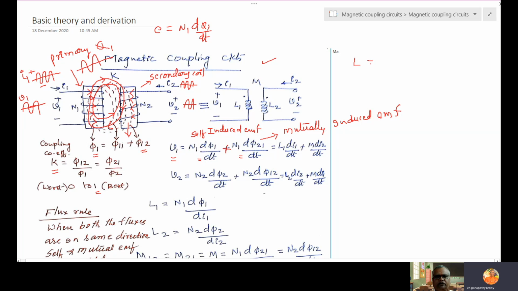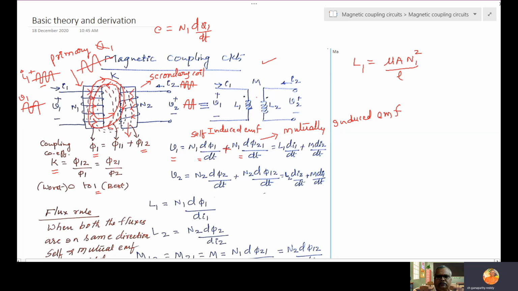What is the formula for L? Mu A N squared by l. If N becomes N1, this is L1. That's why the whole coil N1 is replaced with a symbolic representation of an inductor, written as L1. Similarly, the secondary is L2, and based on the coupling, the mutual inductance M comes. That is the reason.